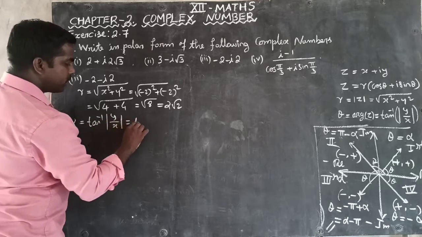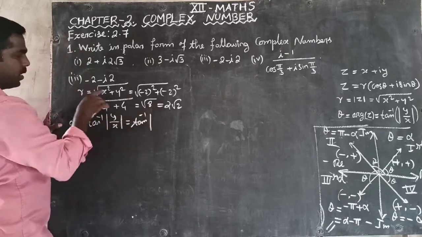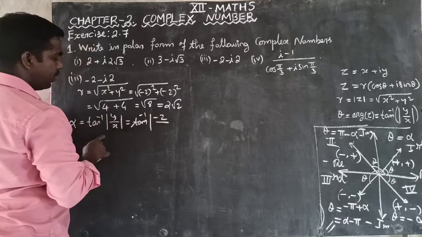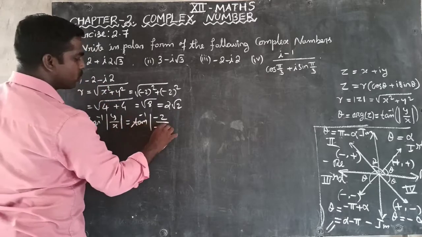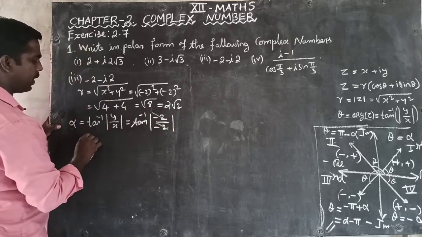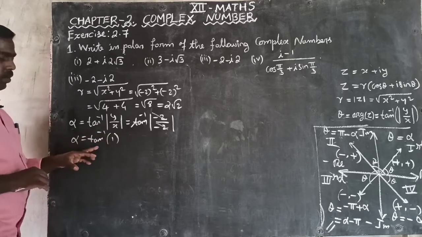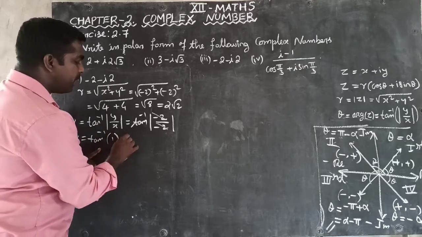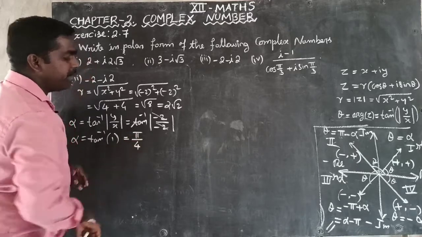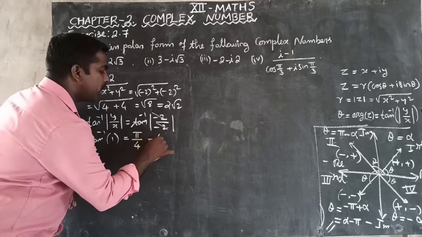So that is tan inverse of, the y is imaginary part. Imaginary part value is minus 2 divided by x is also minus 2. So minus 2 will be cancelled. Then we have tan inverse of 1. The tan inverse of 1 value is 45 degree. So we can write pi by 4. Pi is 180. 180 by 4 is nothing but 45 degree.